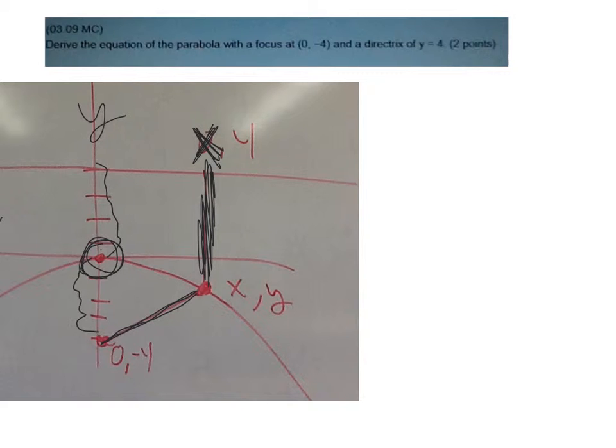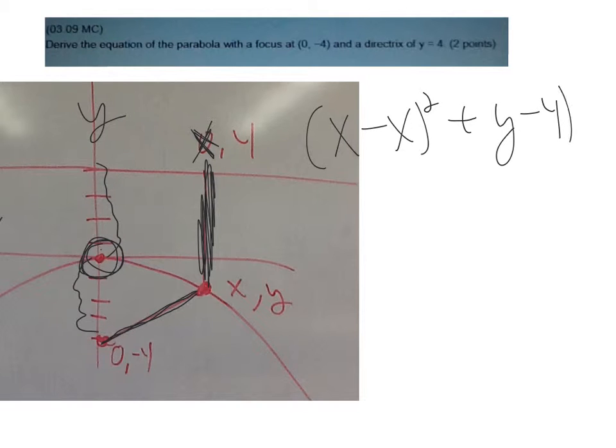So if I do the distance formula there, I would get the square root of x minus x squared plus y minus 4 squared. Well, x minus x is 0.